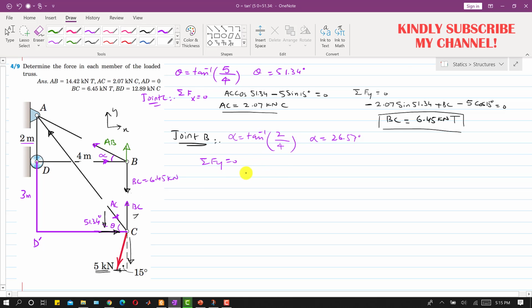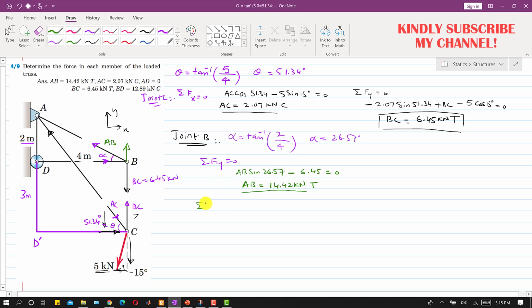It is acting in the positive y direction, so I will write AB sine of alpha, which is 26.57, and this BC force is acting in the negative y direction, and that is 6.45 kilonewton. This is equal to 0. And now when we solve this, AB comes out to be 14.42 kilonewton, and since this AB force is acting away from this joint B, this means that this is the tension force, right?